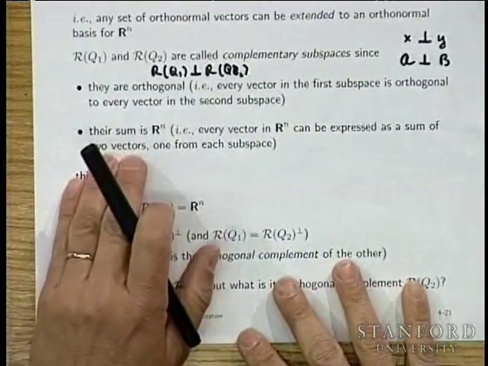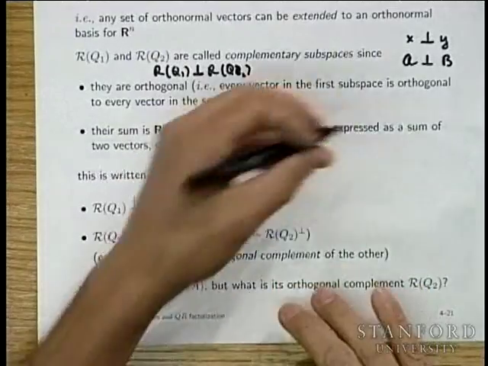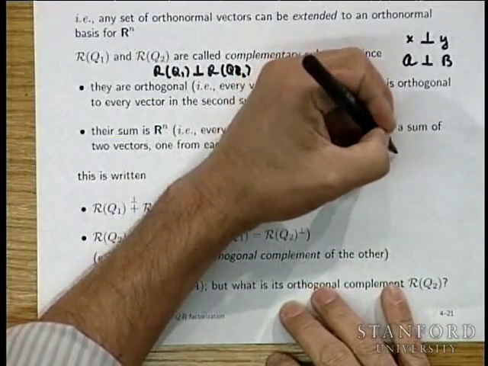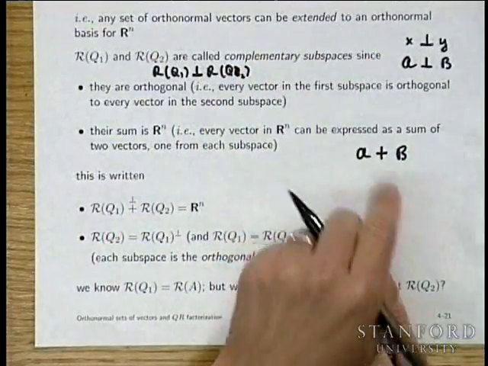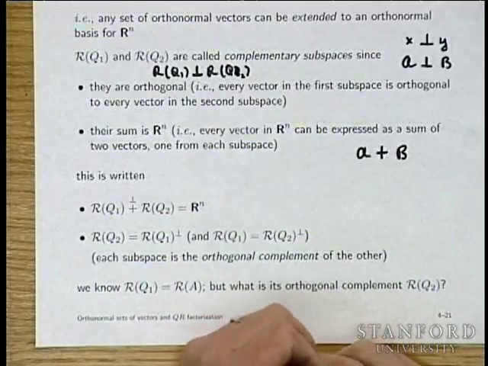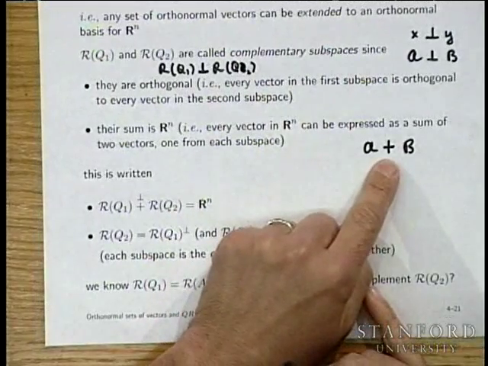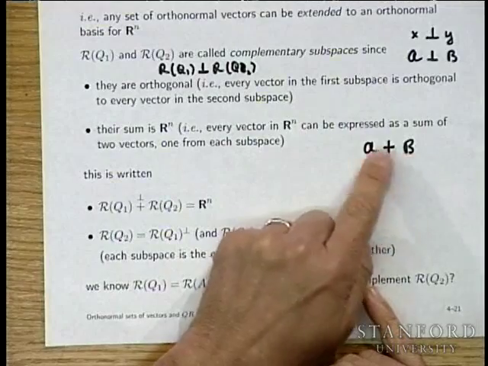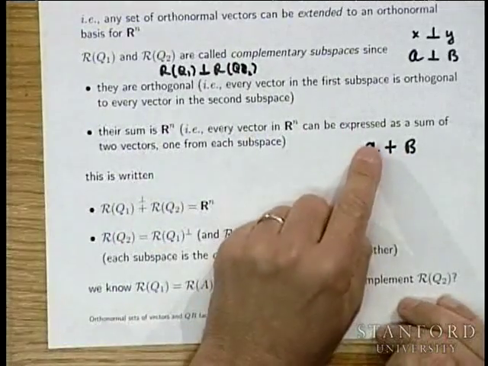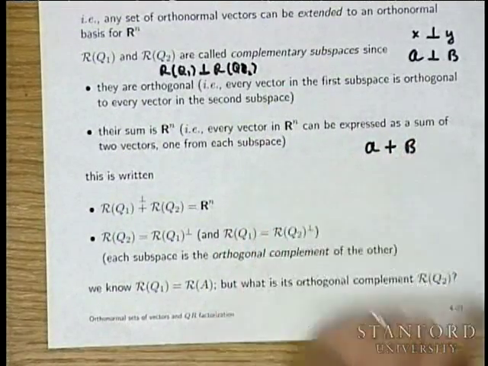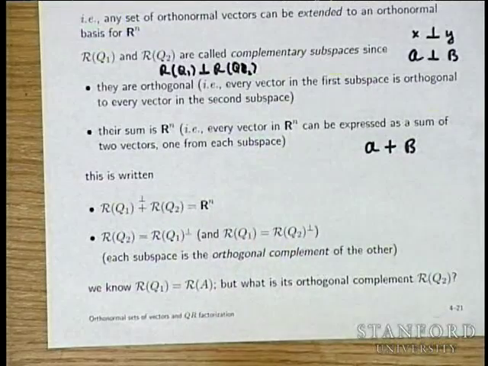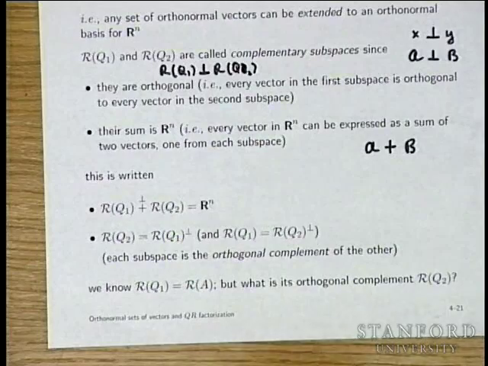Okay. Now the other thing is we overload sum for sets. When you overload the sum for a set of vectors, it means the following. It's a new set, and it consists of all possible sums of a vector from this set plus a vector from that set. So we're going to overload plus as well to sets of vectors.